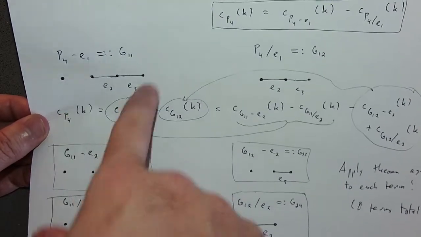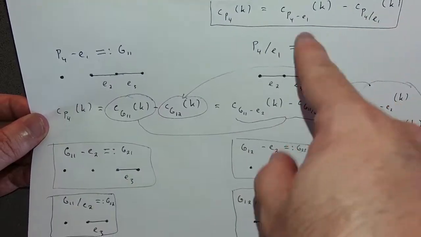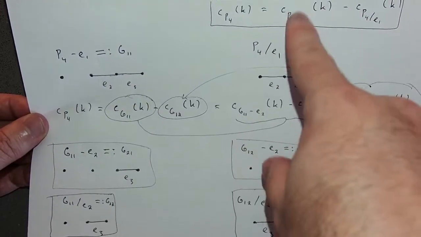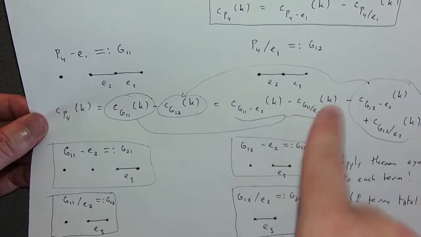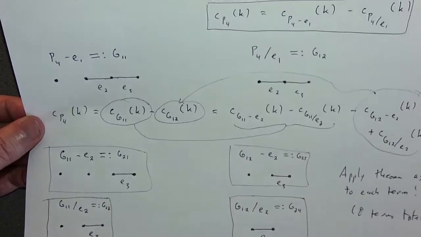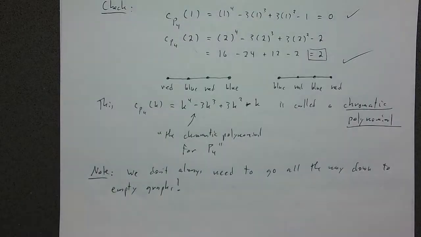So at this step, I can actually stop and I don't need to do anything else on that term. And then this other term, maybe I don't know what that graph is and I have to take it all the way to the empty graph. But the point is, if you know the chromatic polynomials for each of the terms, then combining them together is no problem at all.